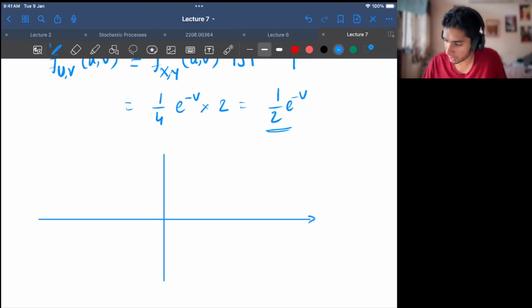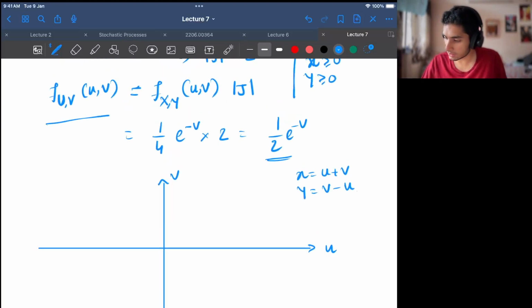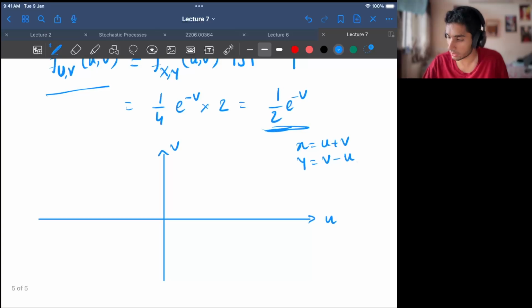I hope you know what I am trying to do here. So x is equal to u plus v and y is equal to v minus u. This is true only when x and y are greater than or equal to 0. What does that translate to in terms of u and v? That we don't know, so that is what we are trying to find out. We have to find the region where x is greater than or equal to 0 and y is also greater than or equal to 0.